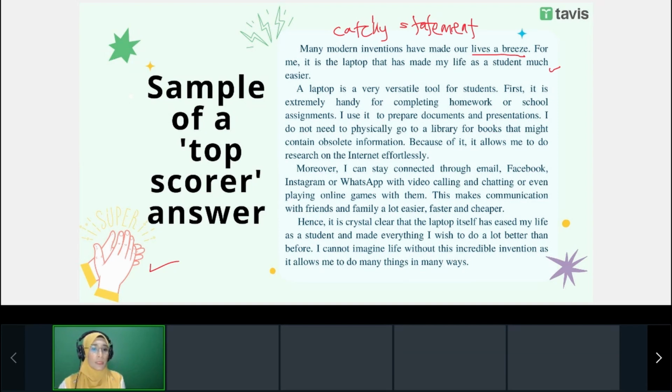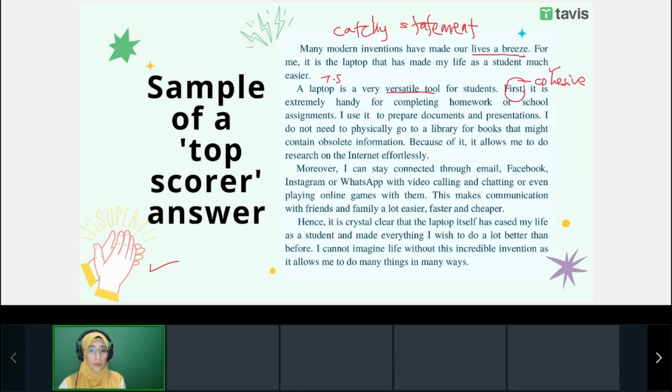First, it is extremely handy for completing homework or school assignments. So here we have a topic sentence to say that a laptop is a very versatile tool, right? Being versatile. And first, using a cohesive device.